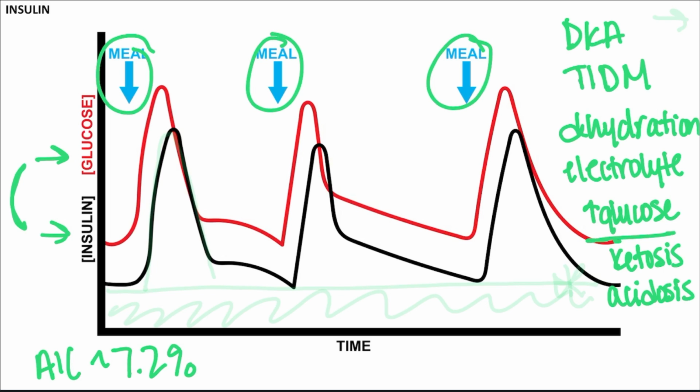And we need this basal insulin level so that our bodies can utilize glucose throughout the day for normal functions, and these postprandial insulin spikes to use the glucose from food to be stored for later or used immediately and avoid hyperglycemic episodes. Now, type 1 diabetics are insulin deficient and need to be supplied insulin in a way that will mimic both the basal and postprandial insulin in this graph to ensure proper glucose utilization and prevent hyperglycemia and resulting DKA.